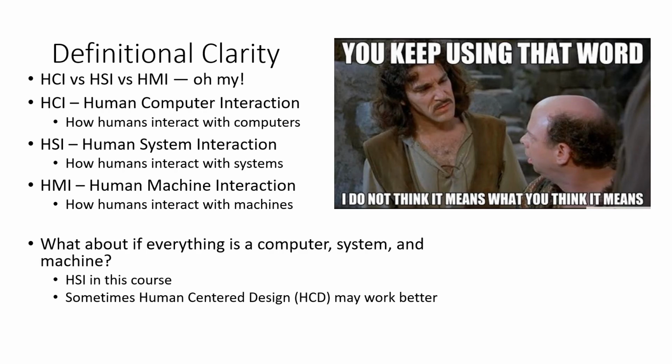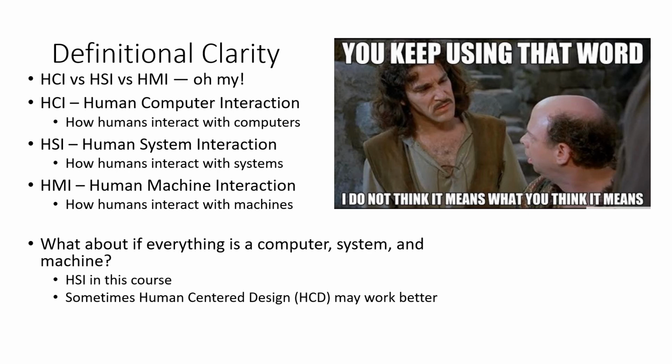The one thing I will say is that the broader human factors, engineering, psychology, computer science, and any of these disciplines that adopt some of these things are really good at making additional acronyms we don't need. So, a little bit of definitional clarity.